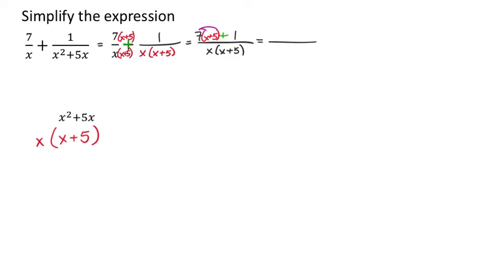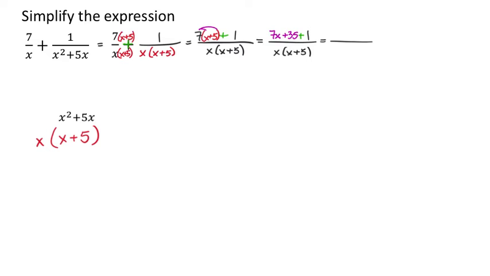Now I will do it. Some of you, I think, may have done it already, and that's okay if you did. I just haven't yet. So in the numerator, 7 times x would be 7x. 7 times 5 would be positive 35. And then we still do have the plus 1. Again, I'm doing this one step at a time, so some students would have said, I don't really need to show that step right there.